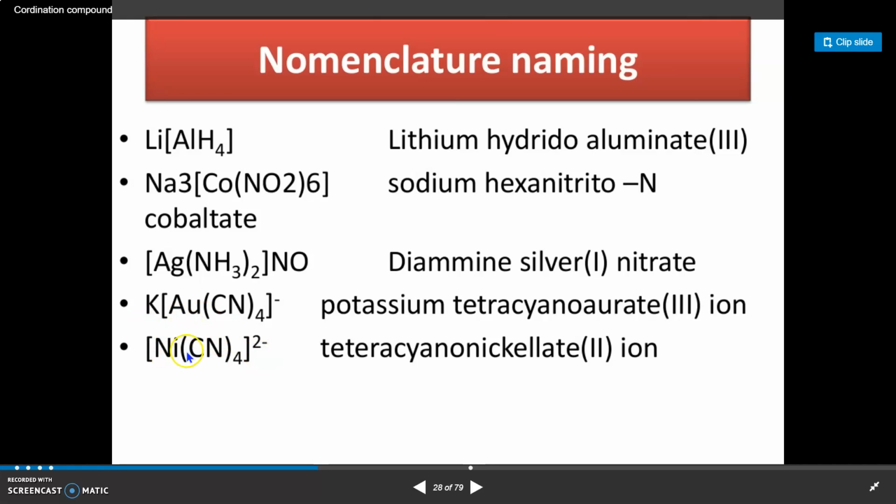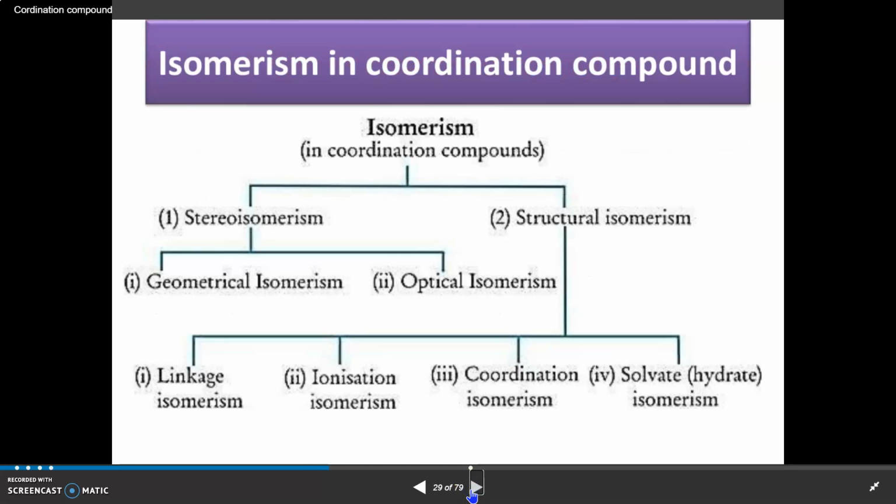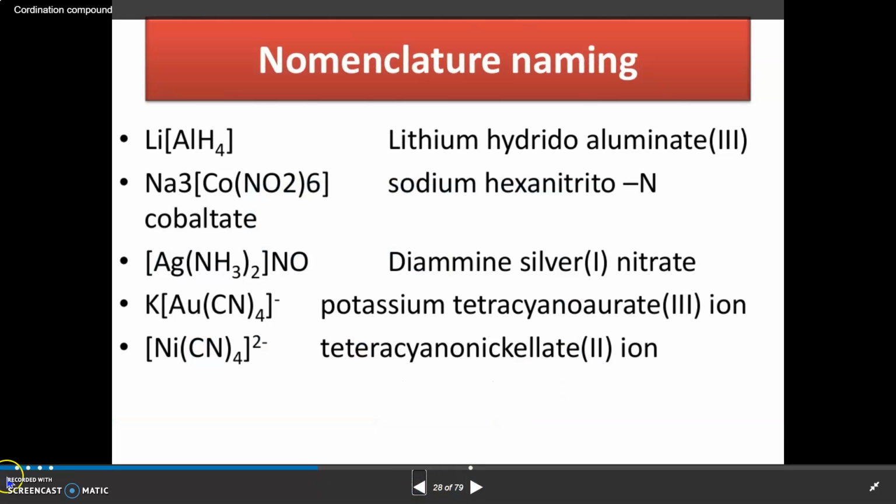Another example, tetracyanonickelate(II) ion. Here also no cationic species are present. Then we have to write the name starting with the ligand, tetracyanonickelate(II) ion.